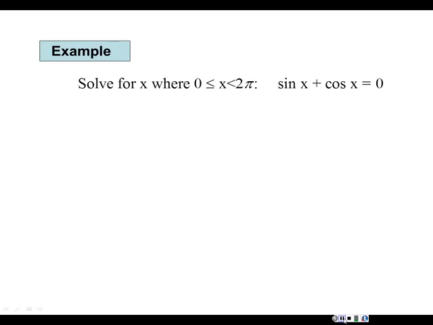Try this one and see what is the value of x here, the tangent here. So it's here, this is what, 7 pi by 4. What is that? 7 pi by 4, and this is 3 pi by 4, right? So those are the possible two values of x.